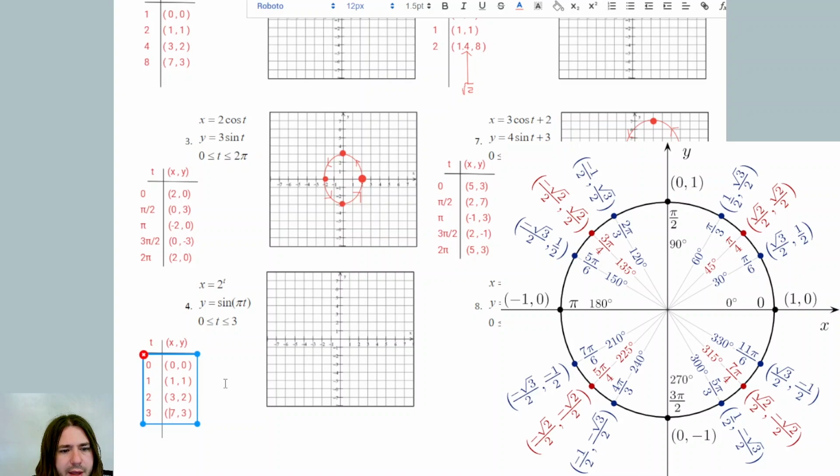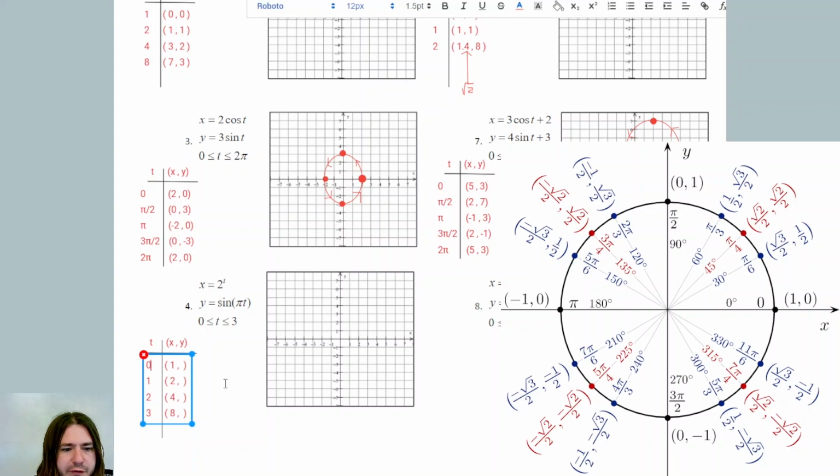And so, like I said, we're going to start with the x's. So 2 to the 0th power is going to be 1. 2 to the 1st power is going to be 2. 2 squared is 4, and 2 cubed is 8.